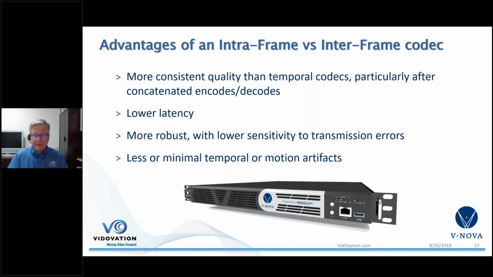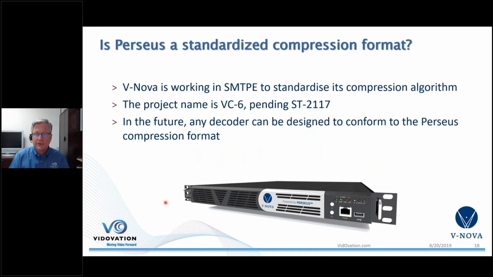HEVC and H.264, because we have these group of frames that we're compressing across, or group of pictures, or GOP as we call it, the latency's got to be at least as long as the GOP. That's the theoretical limit. By being intra-frame, we can get very aggressive on the latency and minimize any kind of temporal distortions.